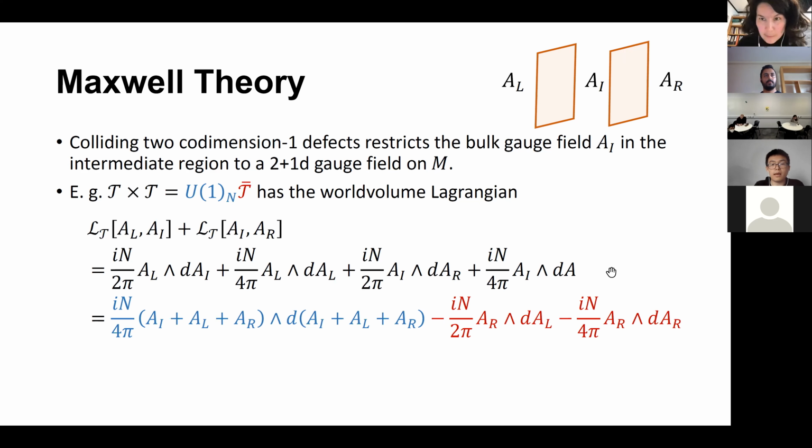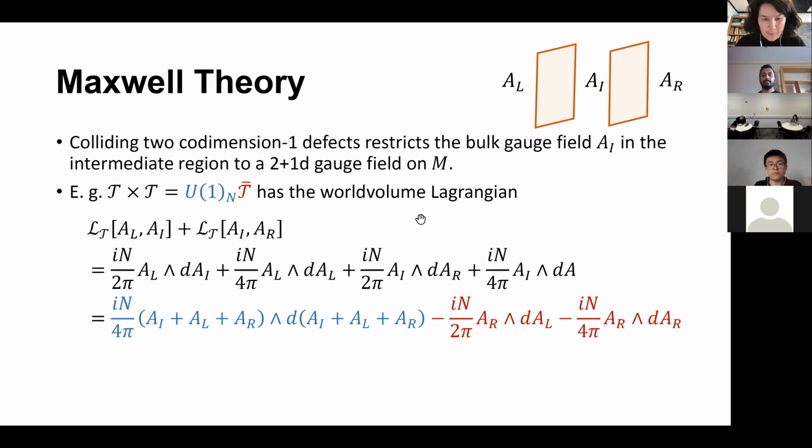After writing in the Lagrangians, we can just combine terms. When we combine terms, we find that there's a decoupled U1 level N Chern-Simons theory that we can pull out, and the remaining things can be organized as T bar, which is just the orientation reversal of the Lagrangian of T. So here we see that using these explicit Lagrangians, we can derive the fusion rules, and we recover the fact that the fusion coefficient is a decoupled U1 level N Chern-Simons theory.